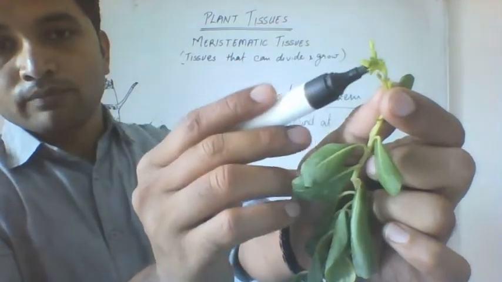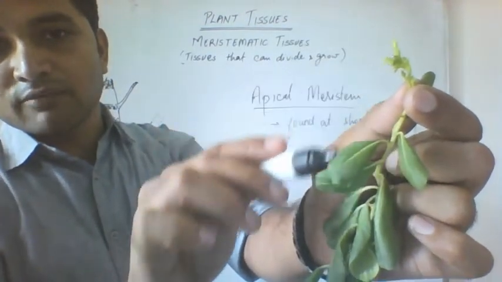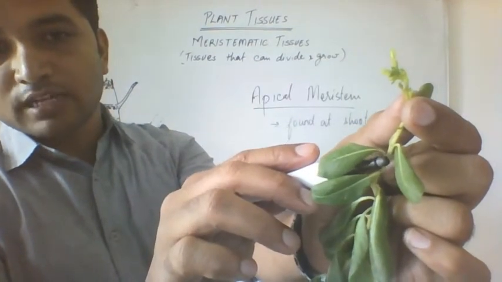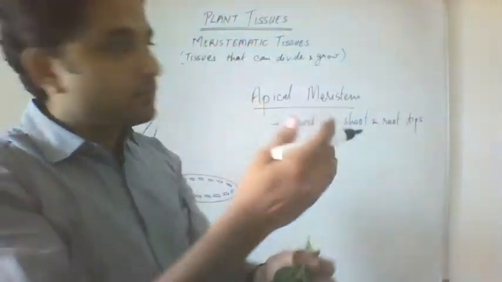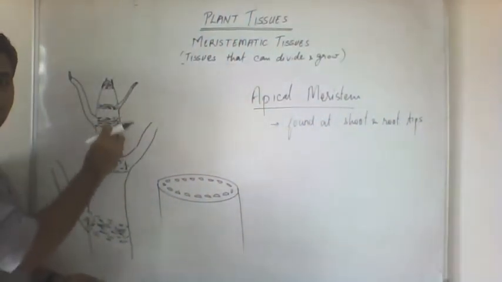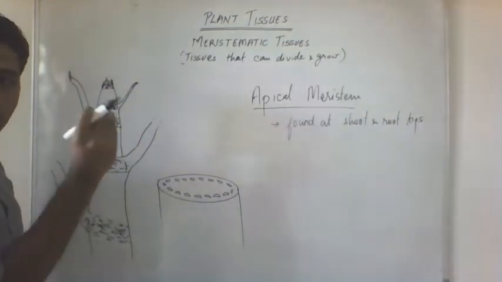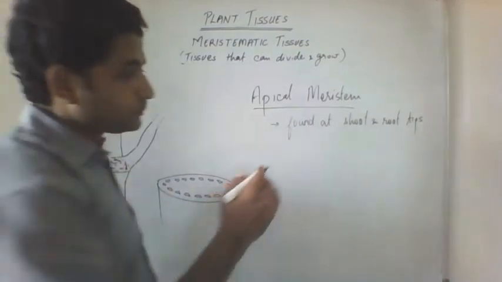Once this stem was shorter, the apical meristem was here, and that is what gave rise to these tips. The apical meristem keeps on growing. The apical meristem will move ahead and it will leave behind the leaves and flowers, other things. Apical meristem, what is it doing?